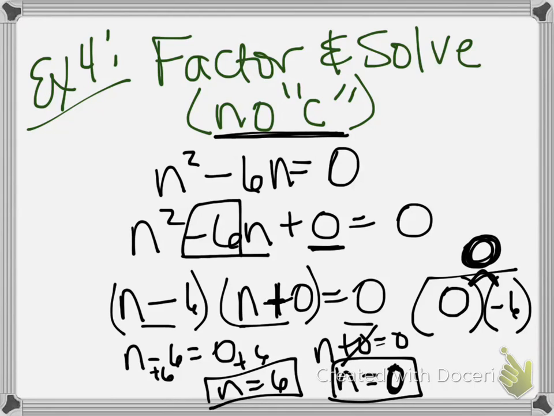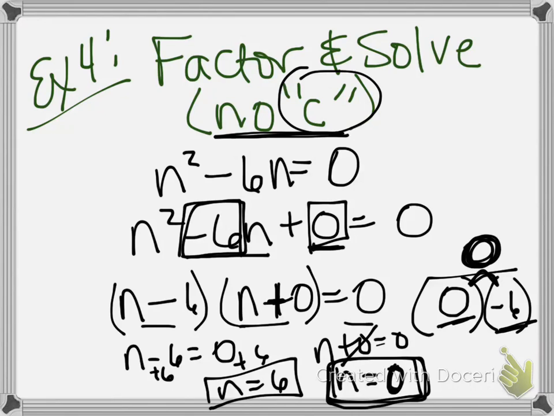So one of my solutions is 0. Anytime you're missing the c, one of your solutions should be 0. You're just picking 0 and you're picking this number right here so that they add up to be negative 6.